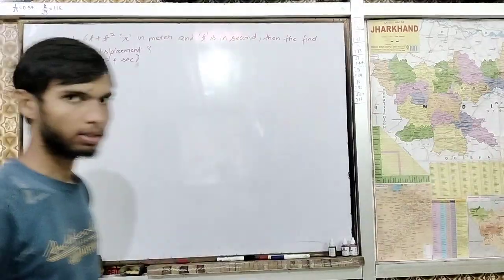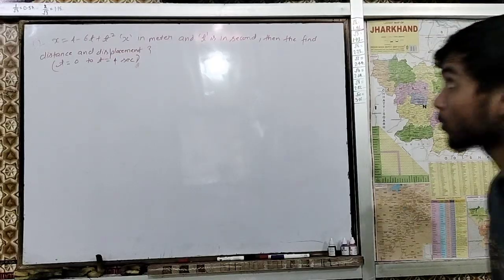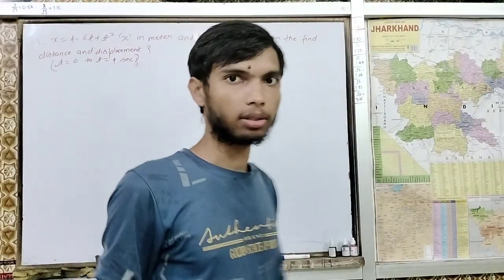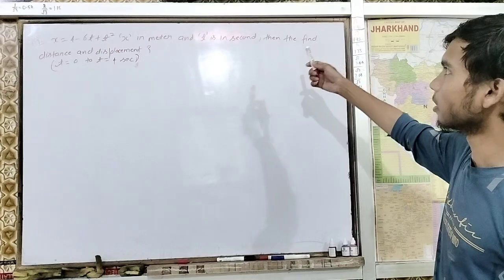There is one equation here: x is equal to 4 minus 6t plus t square, where x is in meters and t is in seconds.